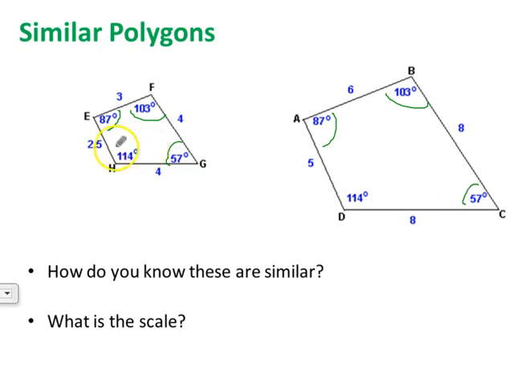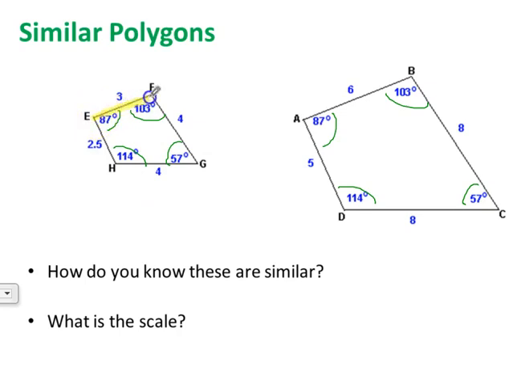They're all equal, right? They're all congruent. So we have congruent corresponding angles. That's a good thing. Now, remember, corresponding sides are going to be proportional. So let's check and make sure that these corresponding sides are in fact proportional.